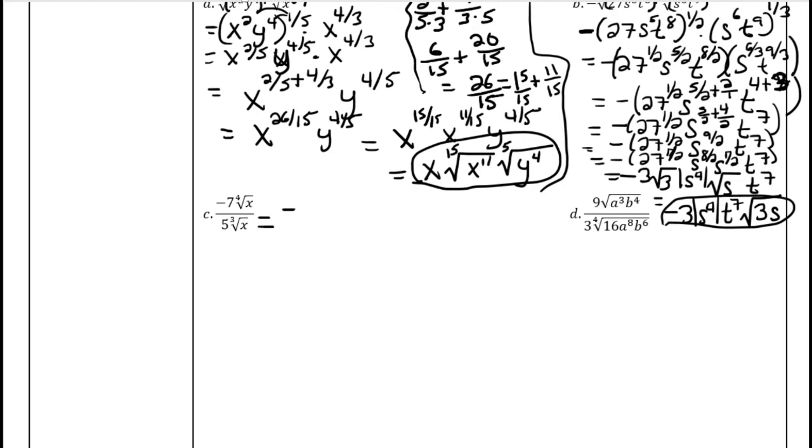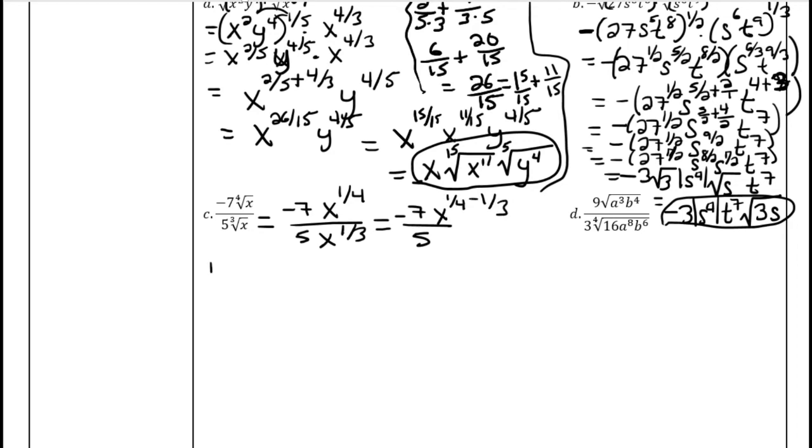So I got the -7. I'm going to rewrite the x as x to the 1/4. Write the cube root of x as x to the 1/3, and then I'm going to use my exponent properties. So I'm simply going to subtract the exponents since I'm dividing here. All right, so I got -7/5, and then I have x to the, now I'm going to subtract, so I got 1/4 minus 1/3.